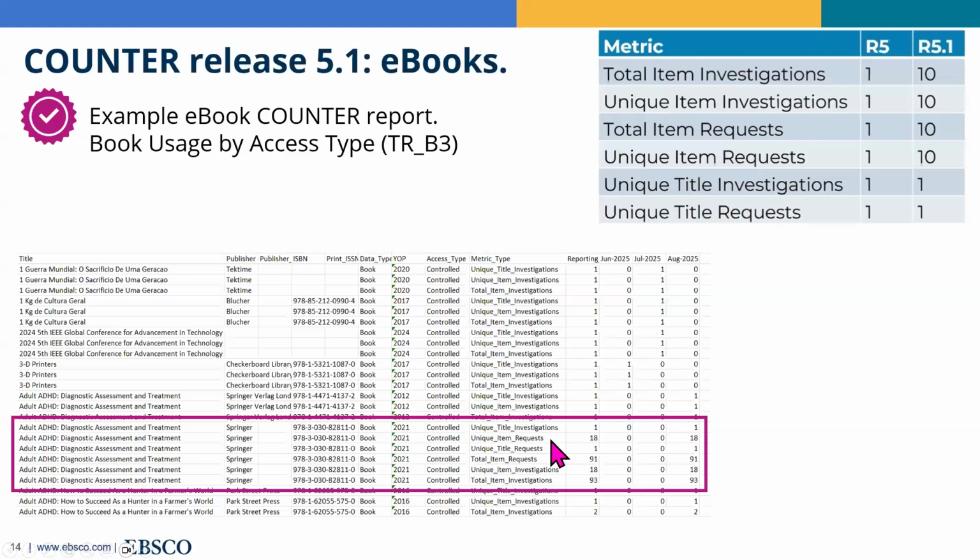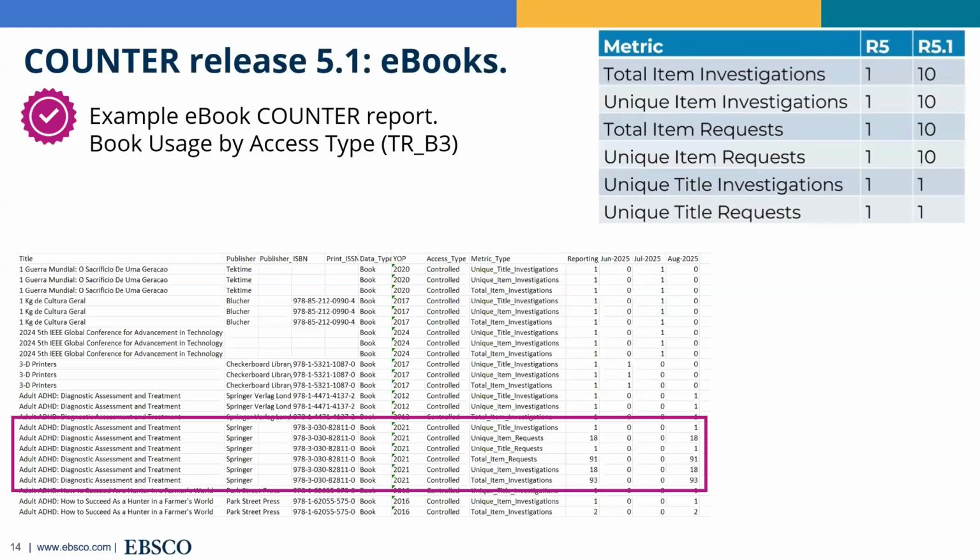They've always been the case. You'll tend to see that they are one, but you'll notice here I've got 18 for unique item and 18 for your requests and investigations. So that's indicating that a user has sort of downloaded chapters rather than just having that one count. Yeah, so that's something to be aware of in those reports moving forward.